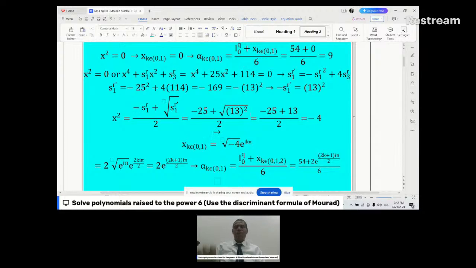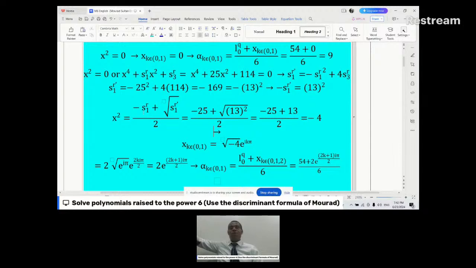Okay. Now, learners, you can see that x to the power 4 plus s1 of r x squared plus s3 equals 0 means you are going to use the discriminant to find the roots, derived from the discriminant formula. You will get 13 squared.